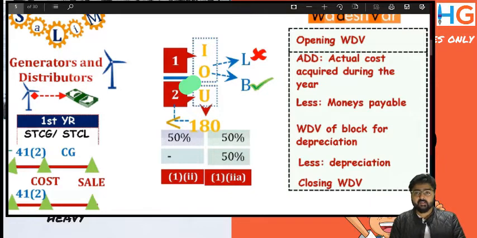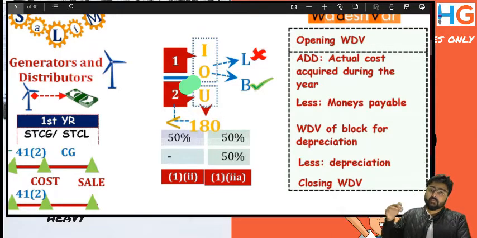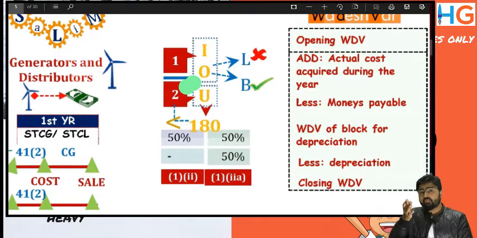Please do not make the mistake of saying that half depreciation will be allowed, because half depreciation is allowed only when you purchase the asset in the current year, use the asset in the current year, and use it for less than 180 days. So if you purchase an asset during the previous year and you use it during the current year, the provision is not applicable. You'll get 100% depreciation.